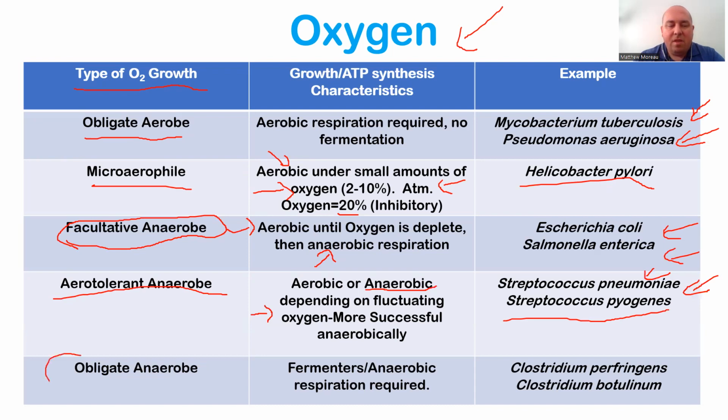And then finally, we get to obligate anaerobes. They typically are either fermenters, or if they have found a way to have an electron transport chain and a terminal electron acceptor by differential redox reactions of inorganic molecules, they can perform anaerobic respiration.